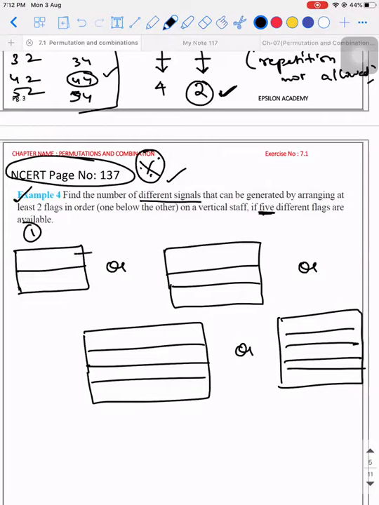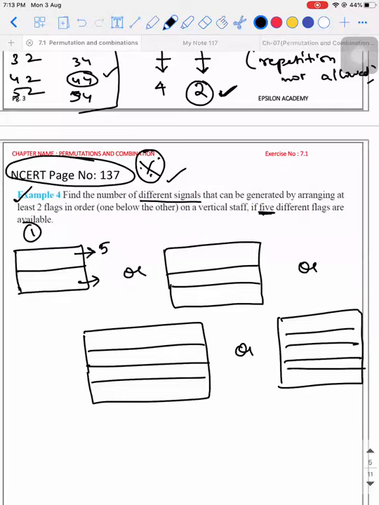So one flag below the other. The first box can be filled in how many ways? How many available objects are there in your hand? You have 5 objects, so you place 5 here. Now, how many different ways can you fill this? In this question, one part is not mentioned: repeating or not repeating.